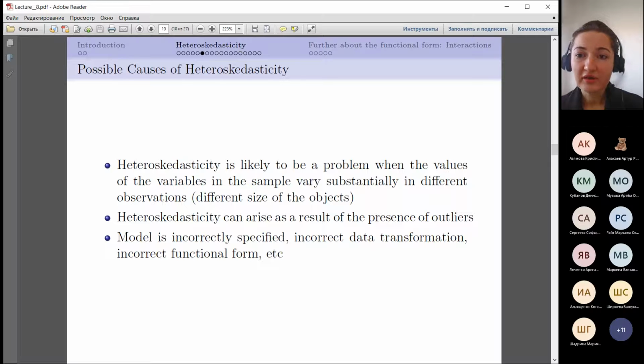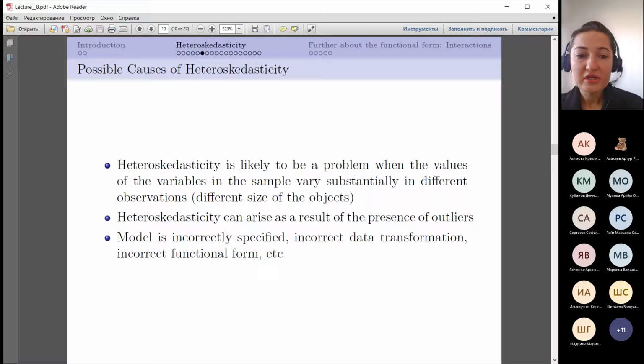Generally speaking, an outlier is an observation that comes from another population. So in this case, if you find outliers in your sample, you can assume that you have the problem of heteroscedasticity. That will be your preliminary conclusion before you check this.